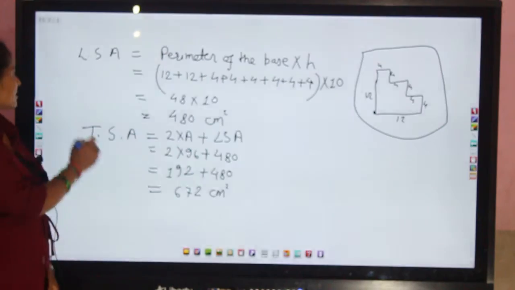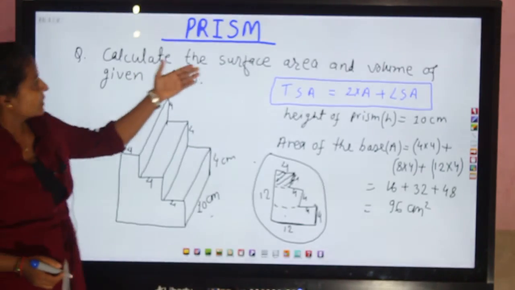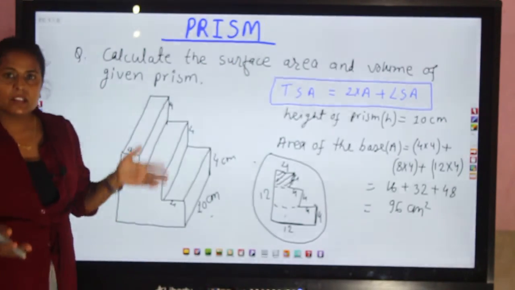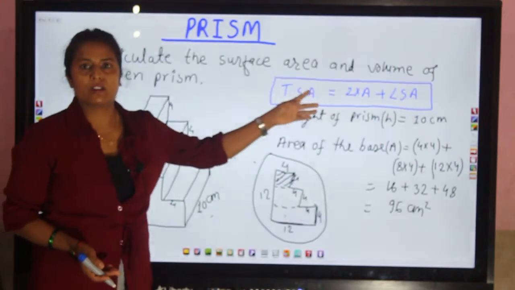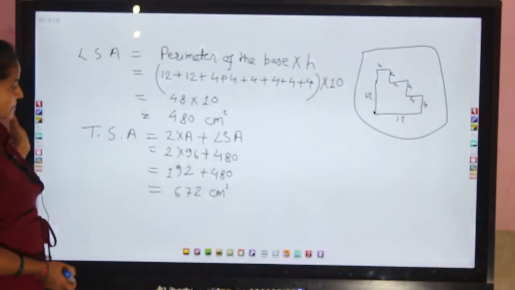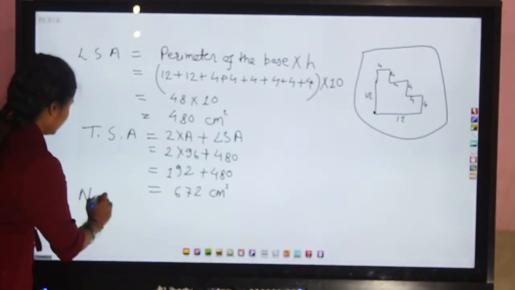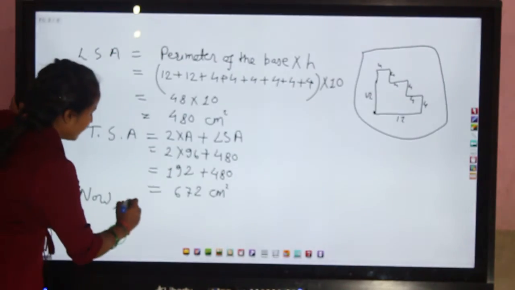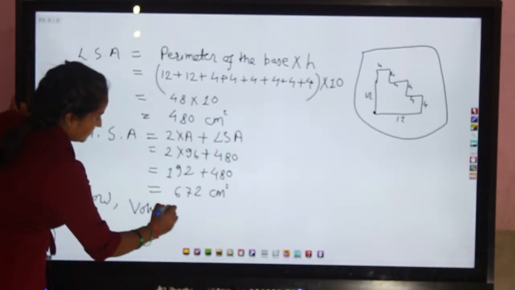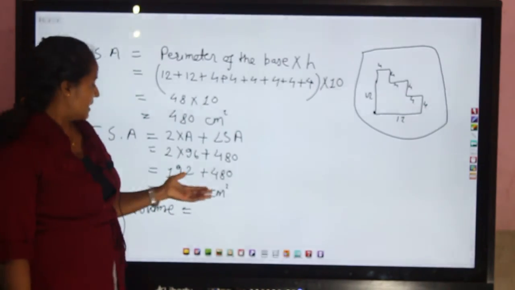What was our question? Calculate the surface area and volume of the prism. Now we still have to find out the volume of the prism. Let us find out the volume. What is the formula?